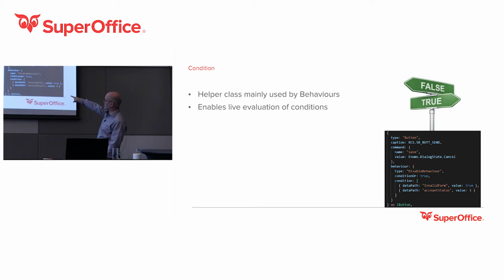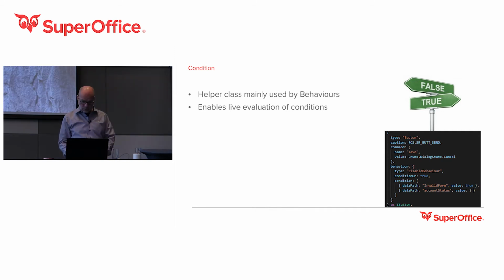Or if the account status is value 3, which means your mail account is failing or failed, then we are disabling the buttons. We have a lot of operators on the condition that enable you to do very good, powerful stuff.